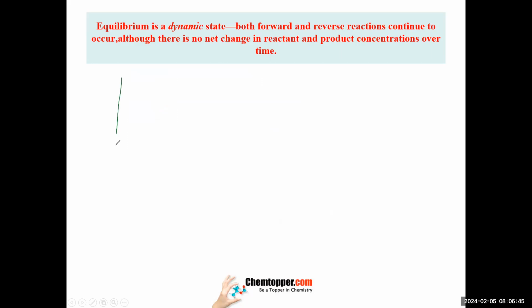So I'm showing you one system here. Here is the concentration. I'm talking about an equilibrium. A is in equilibrium with B. And this is how it's taking place. I'm placing some important points here.